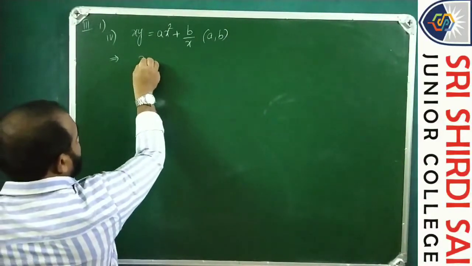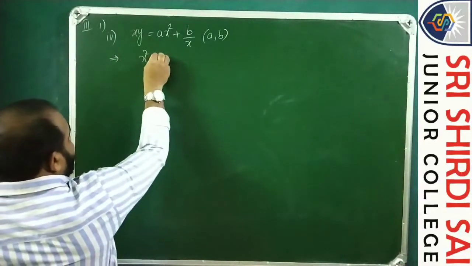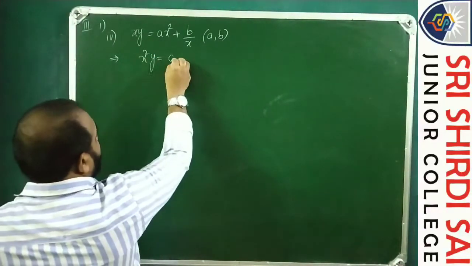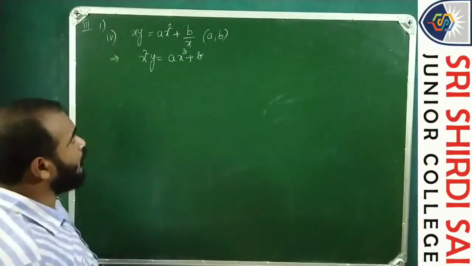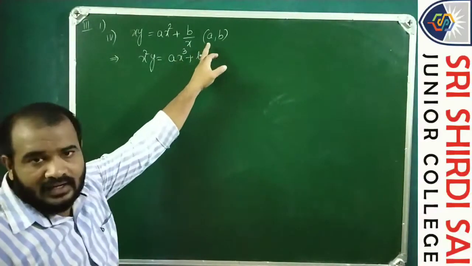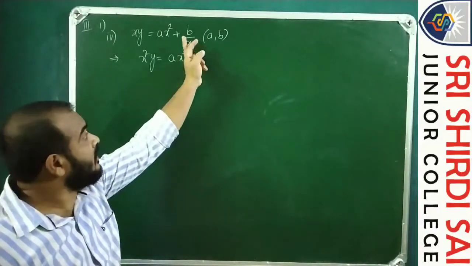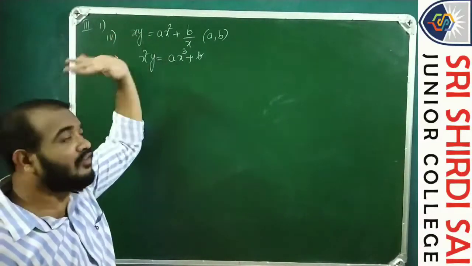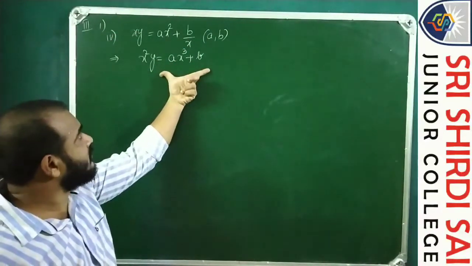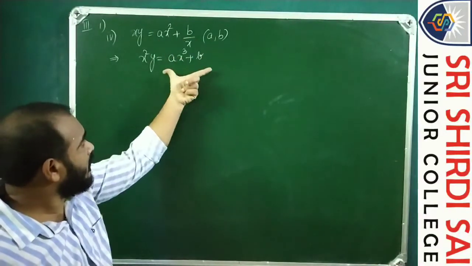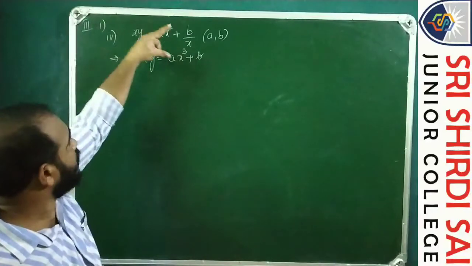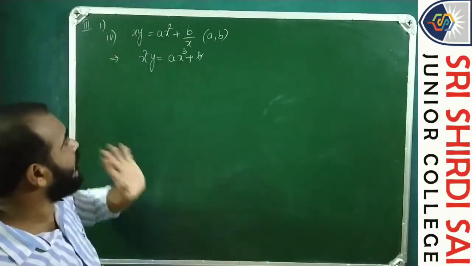So this is x square y is equal to ax cube plus b. What I am doing is, I have taken an LCM with x and transposed it onto the other side. So ax cube plus b, this by x, if you transpose onto the other side, x into x square y.